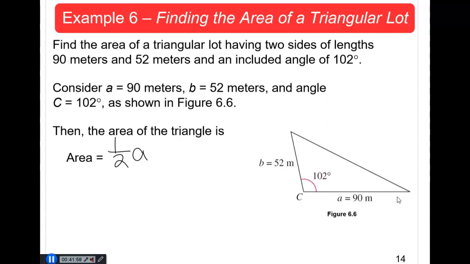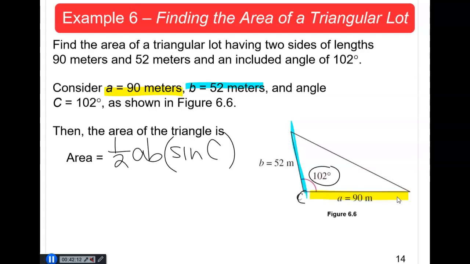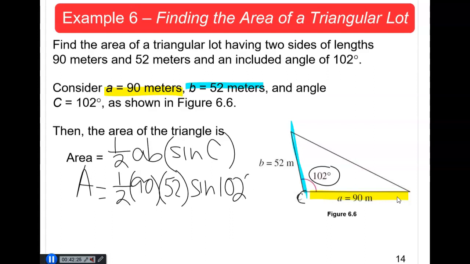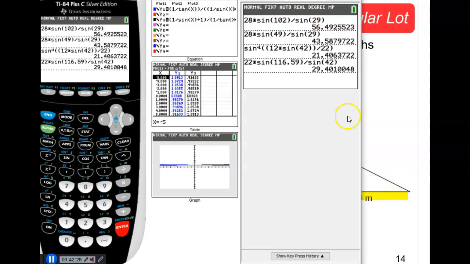We have side A is 90, and then we have side B is 52, and then we have angle C. So we're going to need sine of angle C. So let's go ahead and substitute here. So A is 90, and B is 52, and then we have sine of 102 degrees.